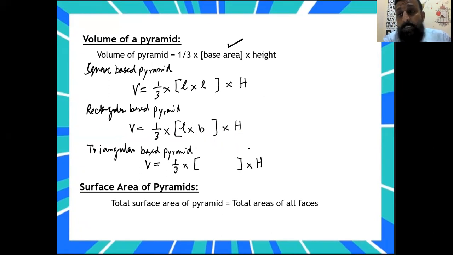The formula is half multiplied by base multiplied by height. So we're going to write in this bracket 1 upon 2 multiplied by base multiplied by height. So dear students, different types of pyramid, their volume can be found by just changing the areas of the base, right? We will be getting the volumes of the different pyramids.